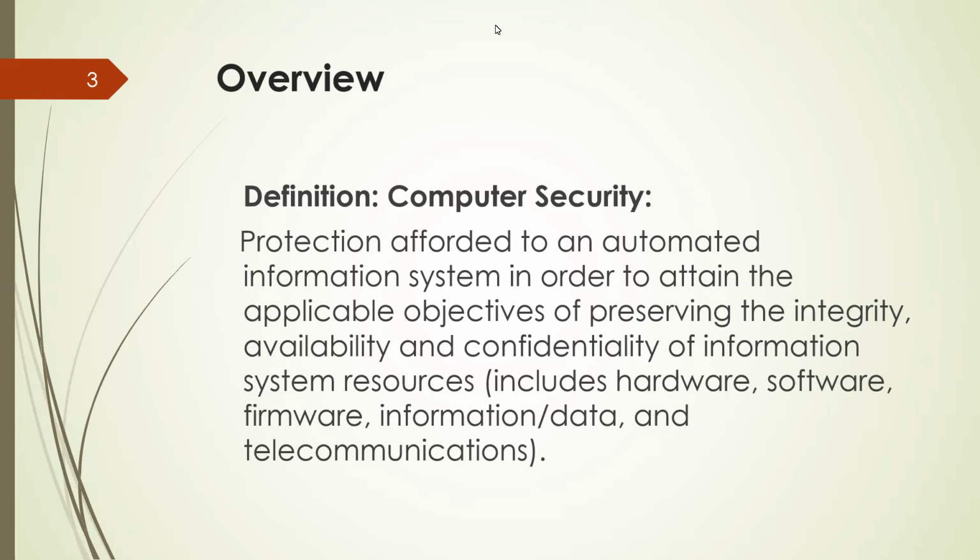So let's try and look at this definition a little bit closer. It's basically trying to protect an information system. So I'm going to highlight for you what our keywords are. The protection of our information system by preserving. What are we preserving? It's the CIA. We had looked at CIA.